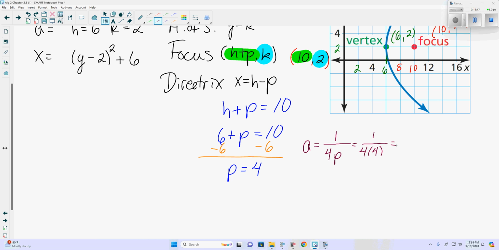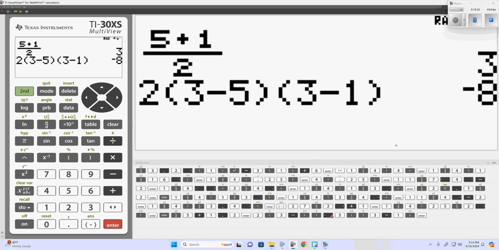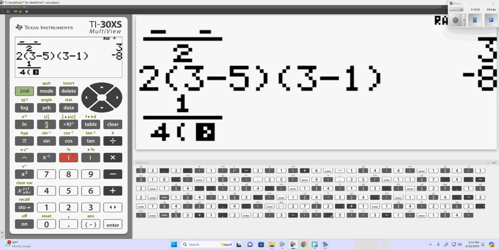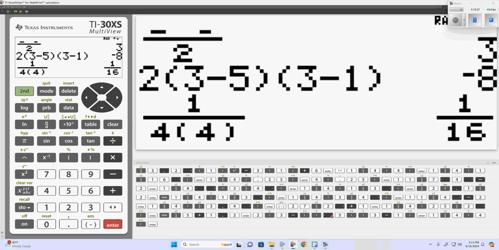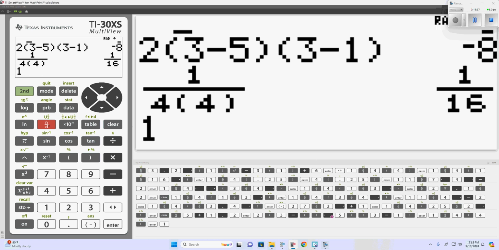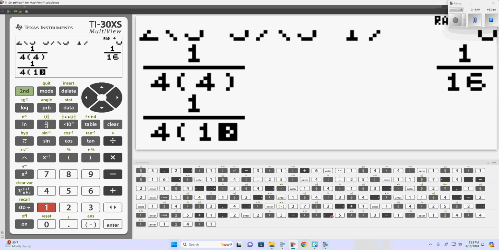Again, you can do this by hand, you can do it in the calculator. 1 over 4 times 4 is 1/16. That's A, yes? It also says p is 1 over 4 times a, yes?